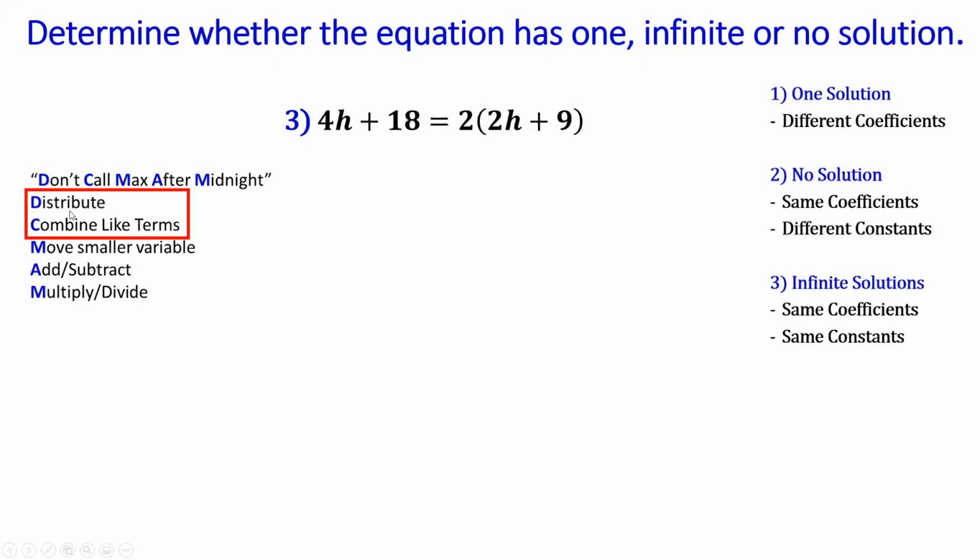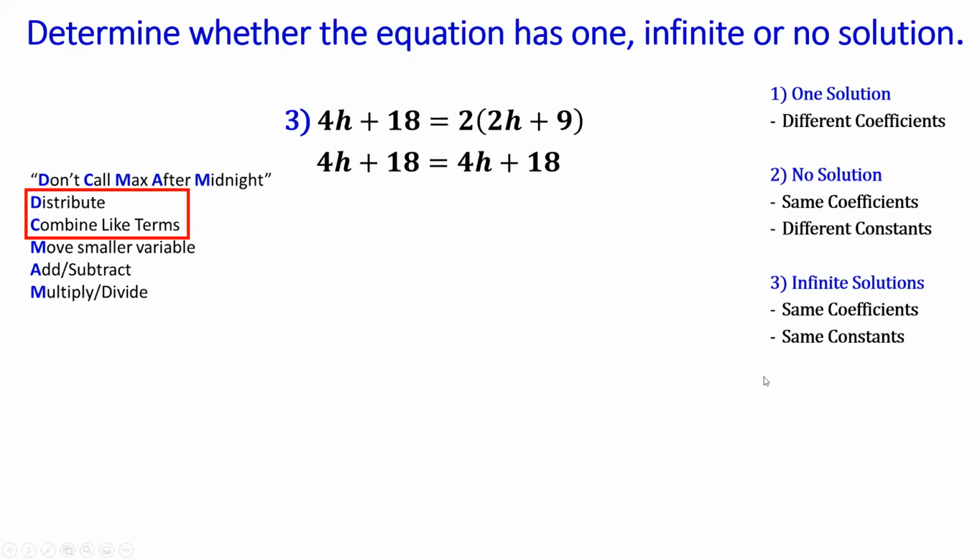So for number 3, can I distribute? On the left side, I cannot, but yes, on the right side, I can. I can do the 2 times the 2h and the 2 times the 9. 2 times 2h gives me 4h, and 2 times 9 gives you 18. I then look at, can I combine like terms? On the left side, I cannot, and on the right side, I cannot. So we're all done with the problem.